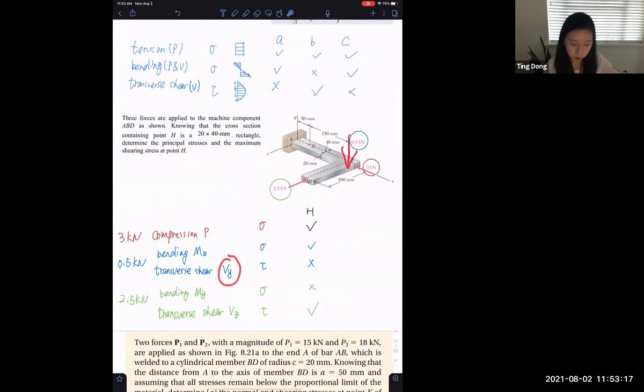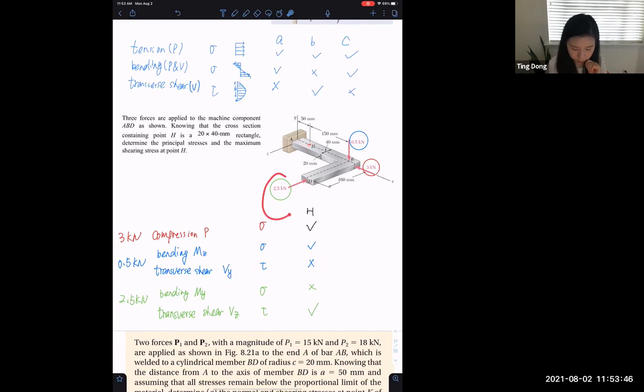The bending moment will generate normal stress, and since H is on the top surface, yes, it has normal stress. The transverse shear force will generate shear stress, but because it is 0 at the top surface and H is at the top surface, there's no shear stress here.